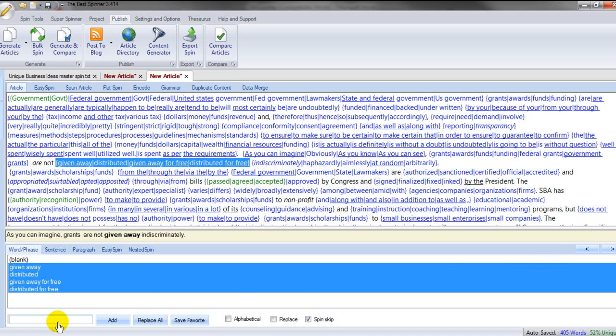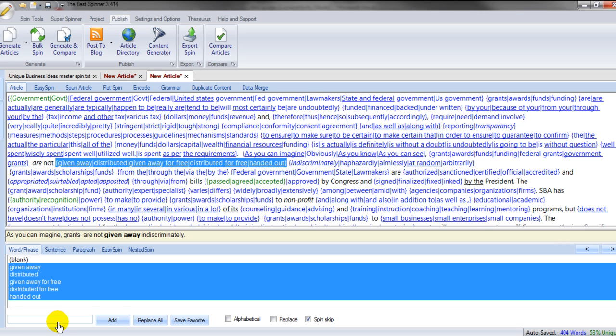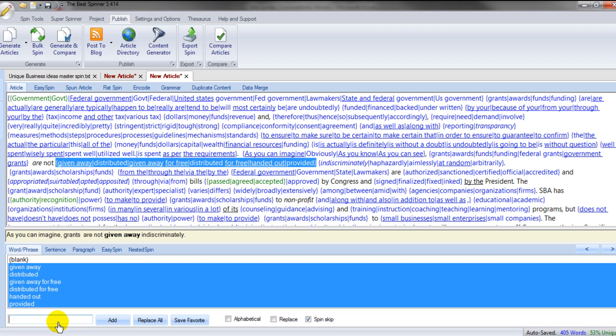You could even add your own key phrases like "handed out" or "provided." Once you have the key phrases for this, then you go to the next one. "Indiscriminately" is a keyword. The way I do this is use this arrow key.